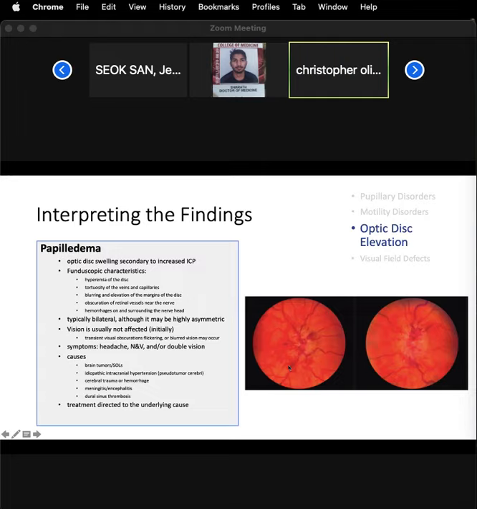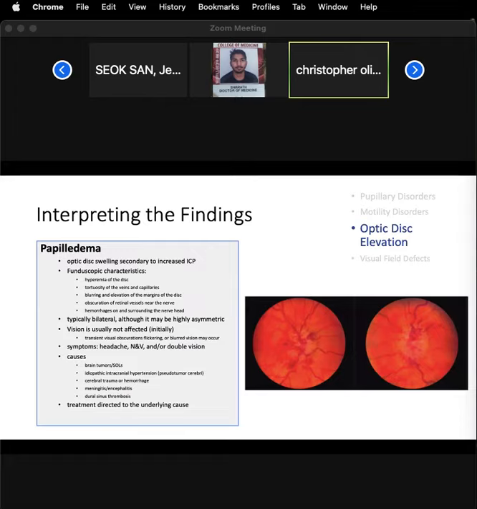Typically dapat bilateral pero asymmetric. Siyempre not exactly the same. Initially, the vision is not affected. So, symptoms will be associated.